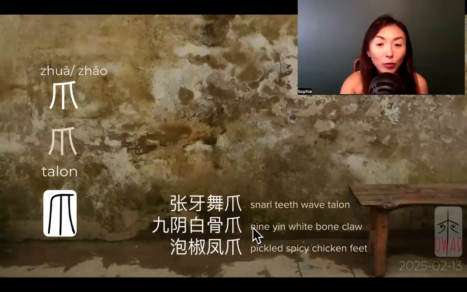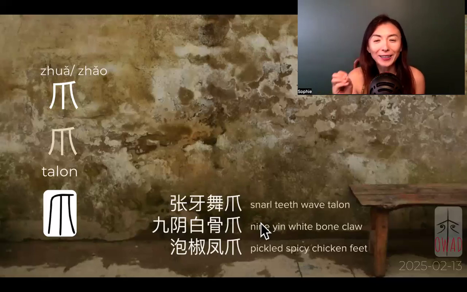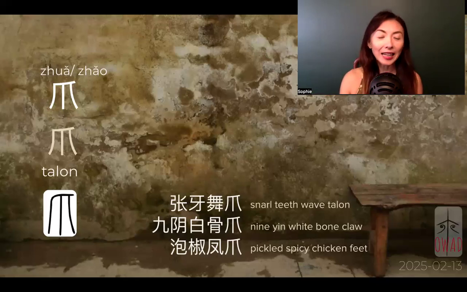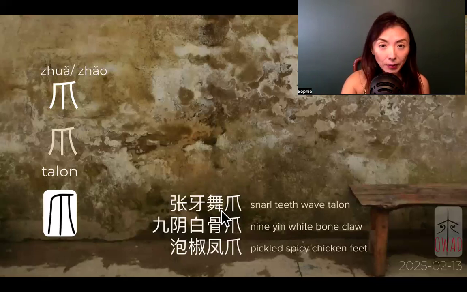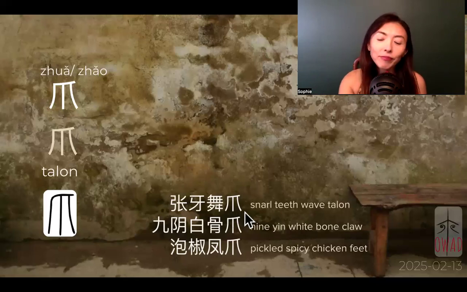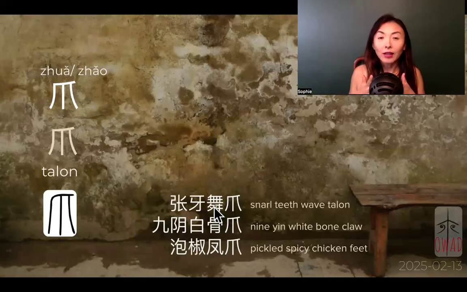Okay, so that's 九阴白骨爪. And 张牙舞爪 is you gnaw, snarl. I don't know how to pronounce this. Snarl, teeth, exposing your teeth, right, in a display of threatening. And then 舞爪, this wu originally means dance, but from the dance, probably because we have a lot of hand waving motion in dance in classical Chinese. So this dance character eventually got narrow scoped to the hand waving gesture.